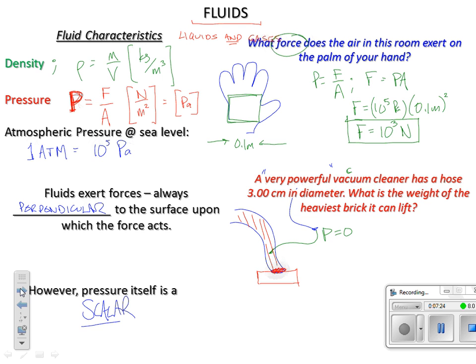Well, there's still air that pushes up right there. Right, in this same area. So it's not so much that the vacuum pulls the brick up, it's that the vacuum gets rid of the air in there that would push the brick down. And if we get rid of that air, then all we're left with is the upward push of the air below the brick. Pretty neat, huh?